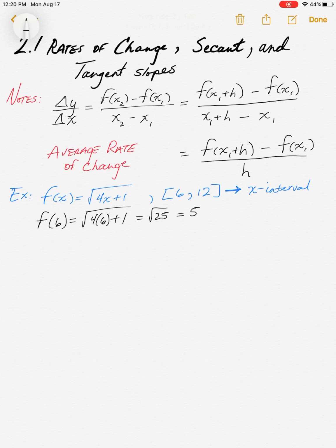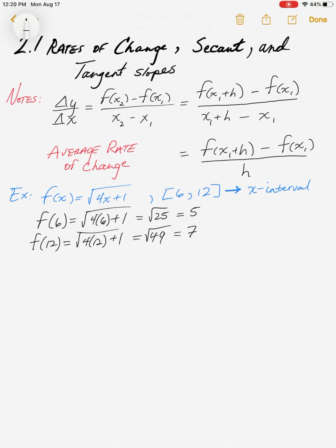And then we also have input value of 12, the square root of 4 times 12 plus 1, which equals the square root of 49.